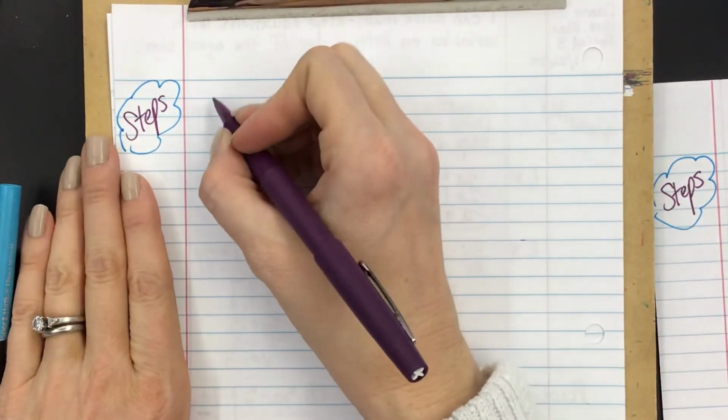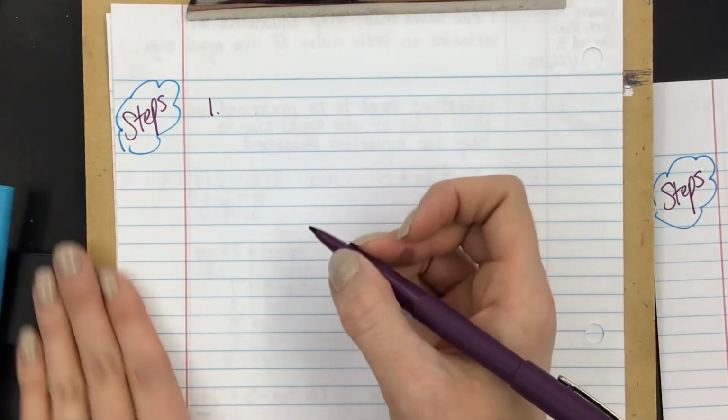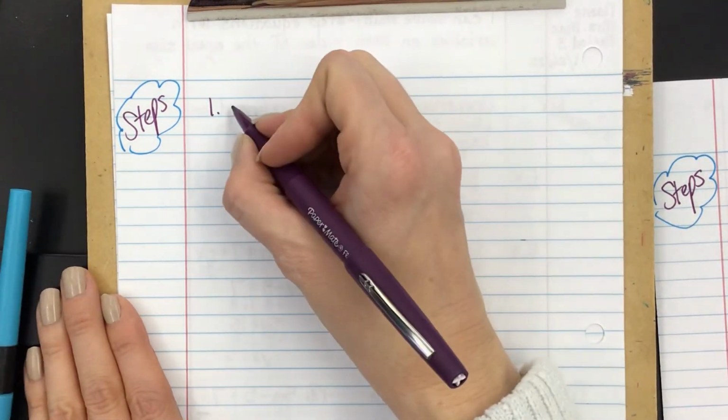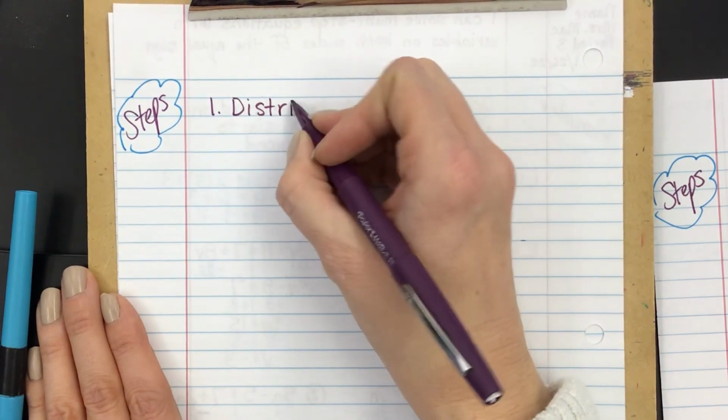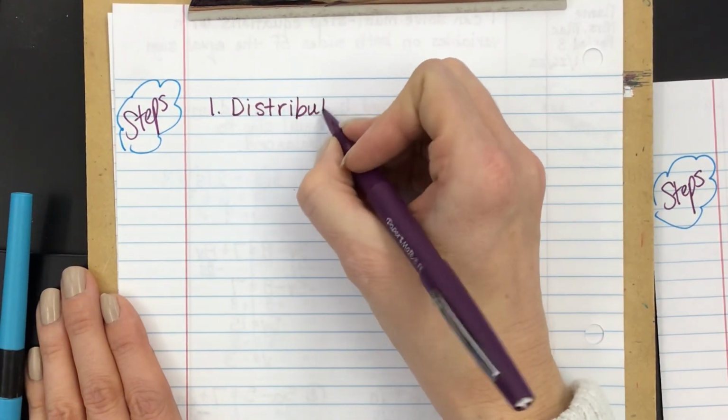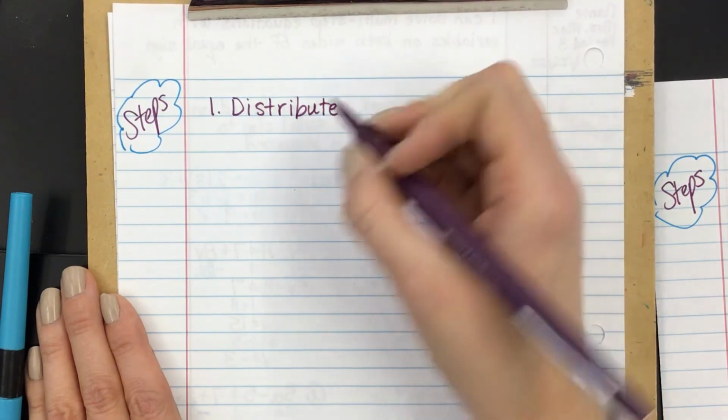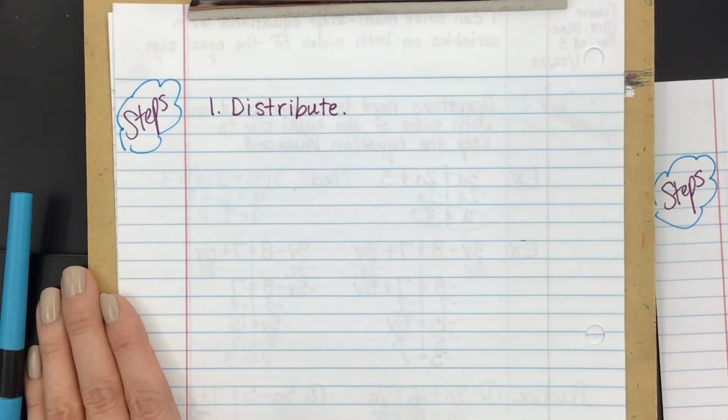All right, just like yesterday, our first step is going to be to distribute. Because like I said before, we want to simplify both sides completely before we start moving variables around. Okay, first step is distribute.